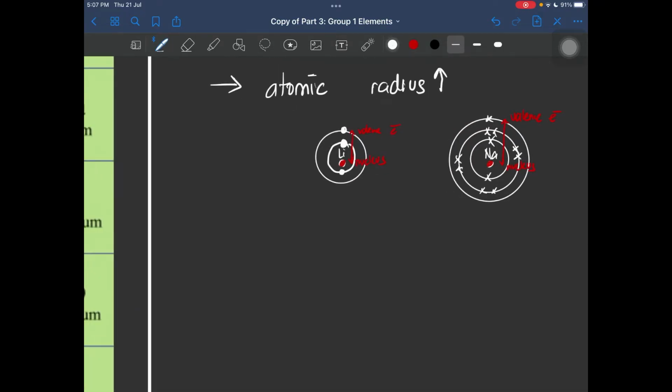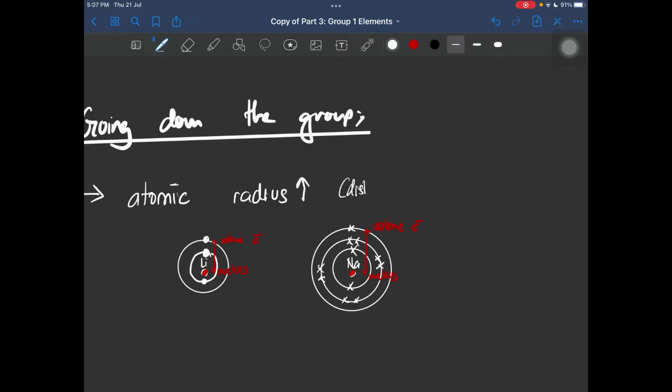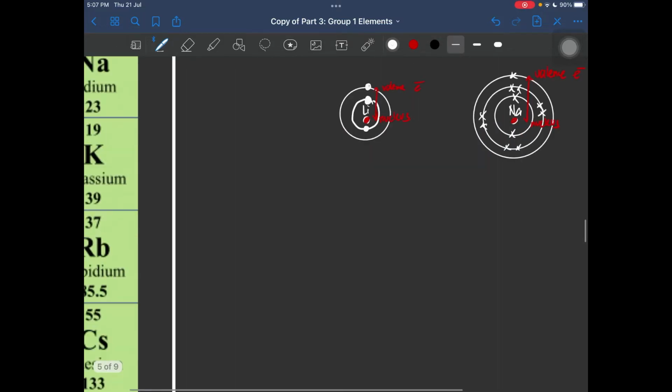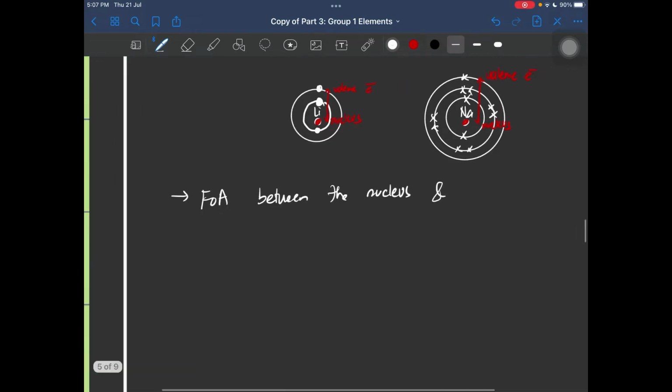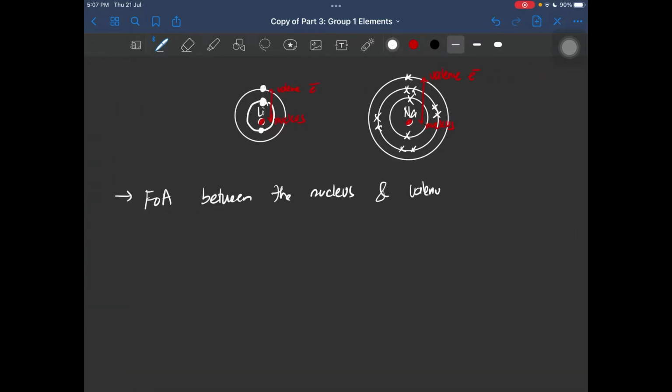And when the distance between nucleus and valence electron increases, the forces of attraction between the nucleus and valence electron will decrease.